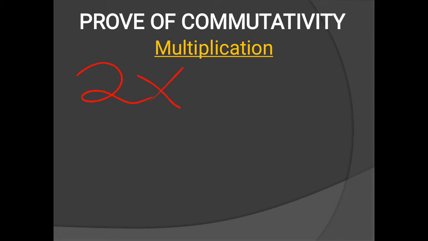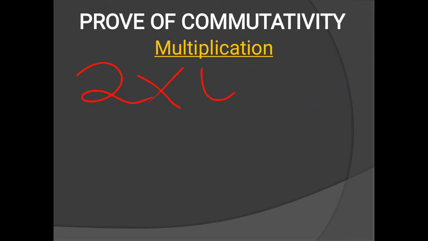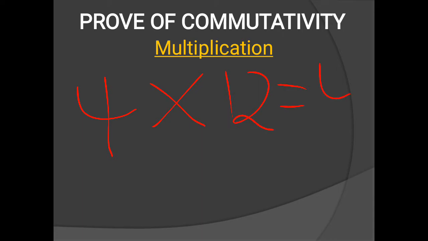2 times 4 should give me 8. If I interchange them and 4 comes first, 4 times 2 is also 8. You can use any number at all and you get the same thing. So 4 times 12 is 48.